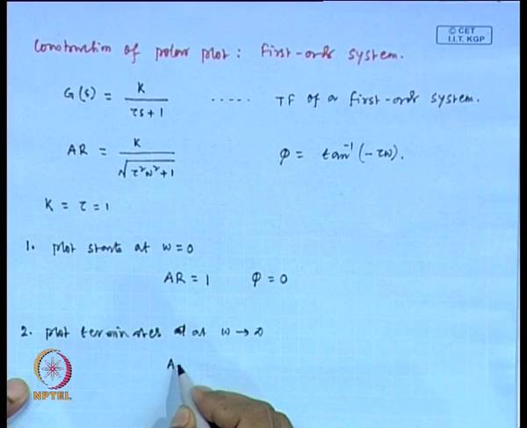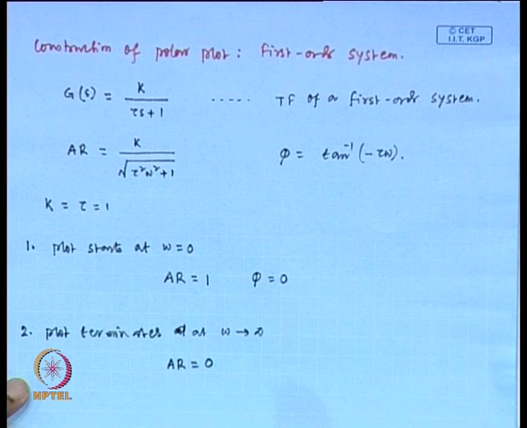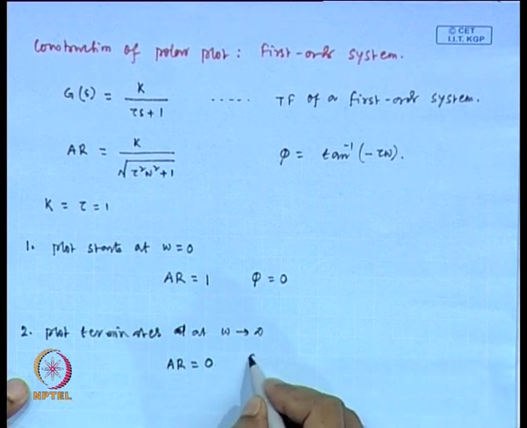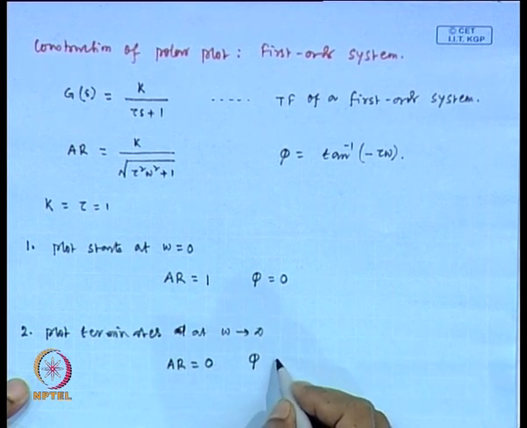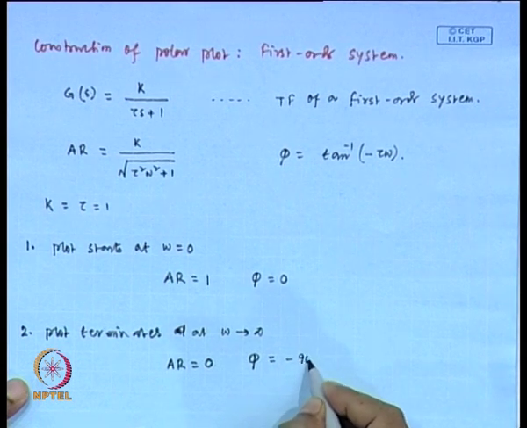If omega is equal to infinity, how much is amplitude ratio? Amplitude ratio is 0. How much is phi? Phi is minus 90 degree.